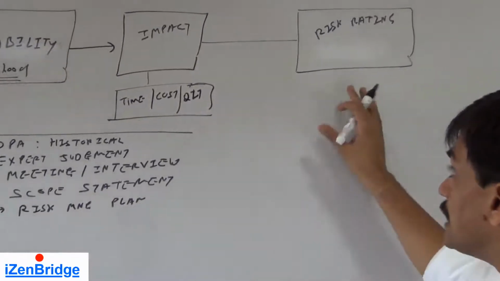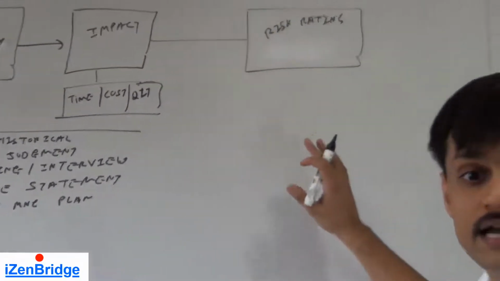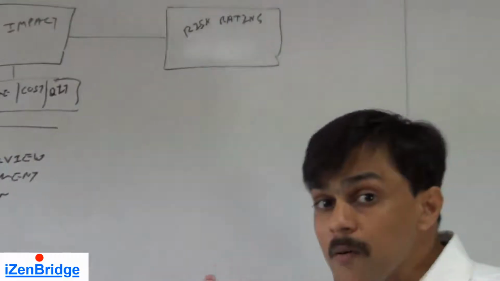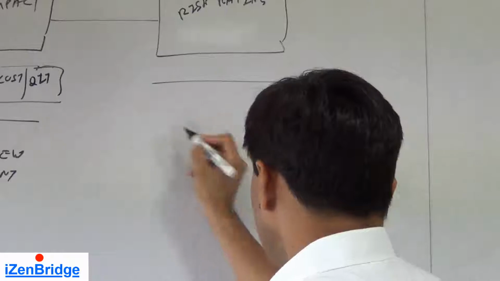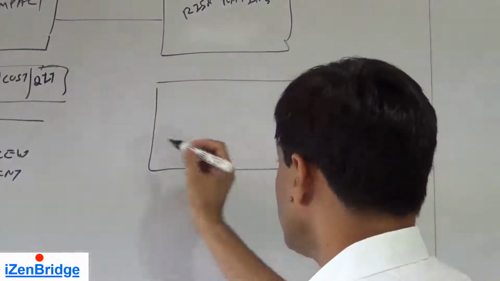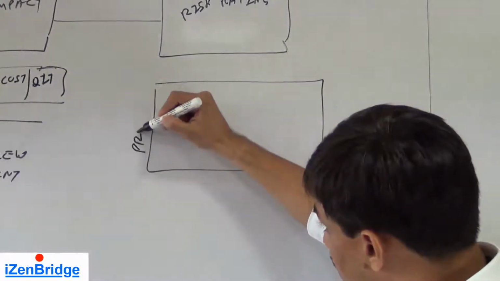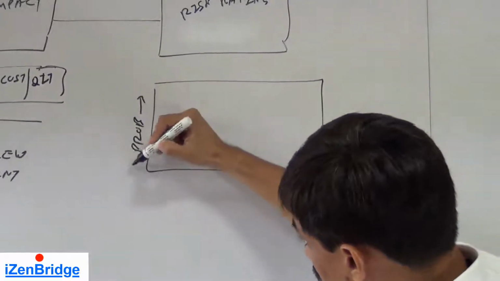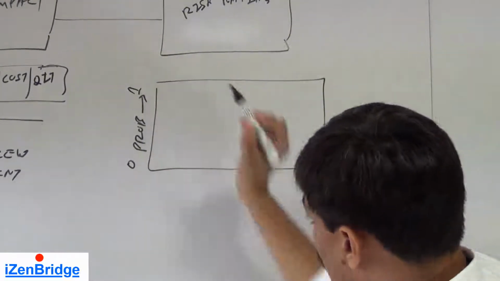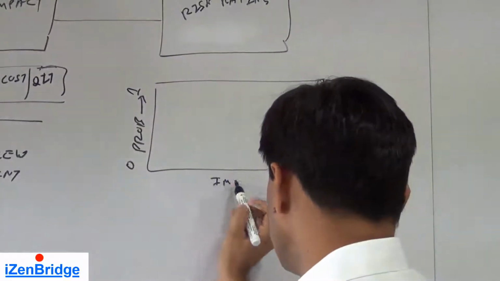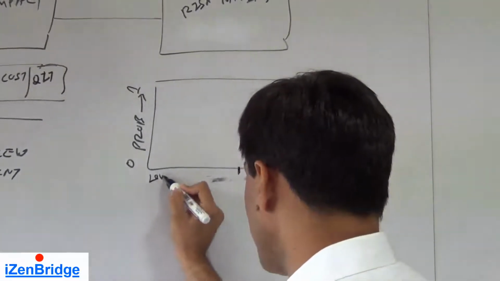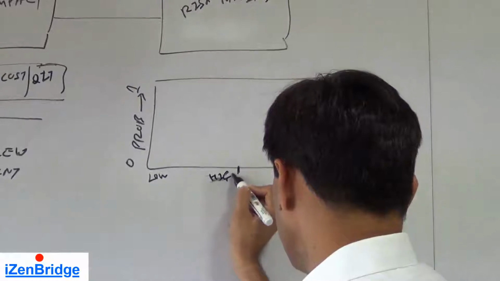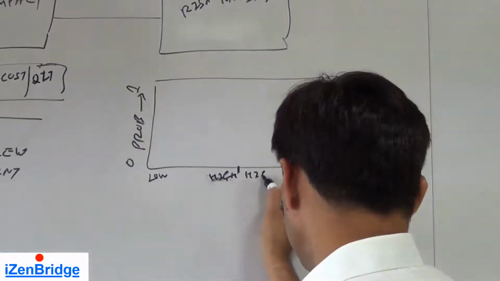In order to create or identify this risk rating, we can use a probability and impact matrix. What is it? A matrix where we have probability as one dimension ranging from 0 to 1, and impact as another dimension. Here we take low to high and high to low.